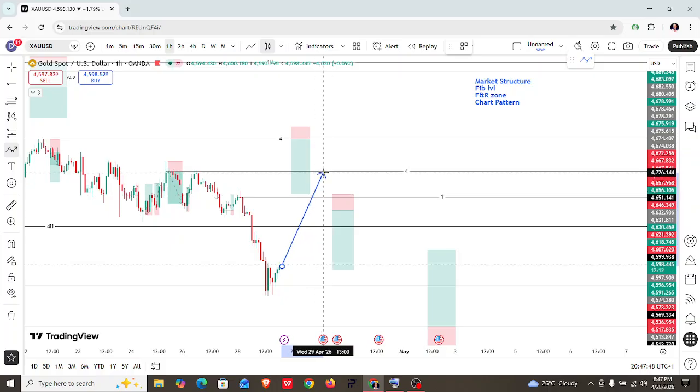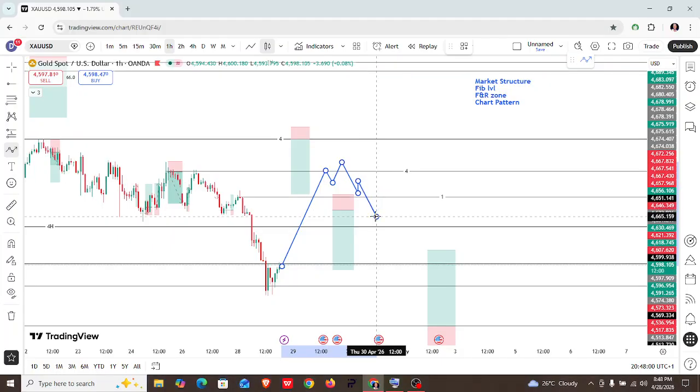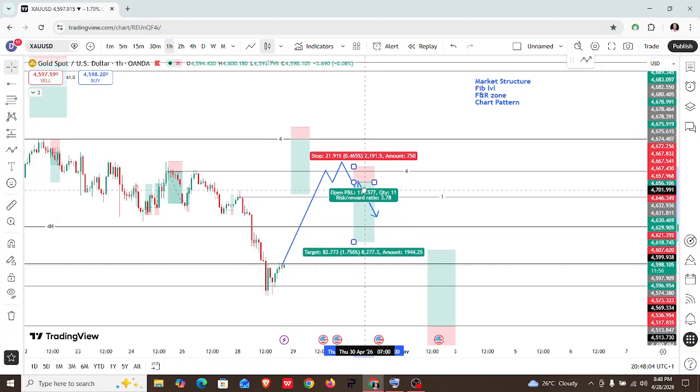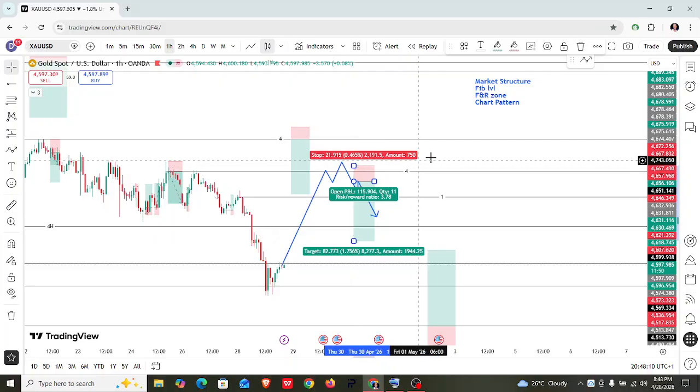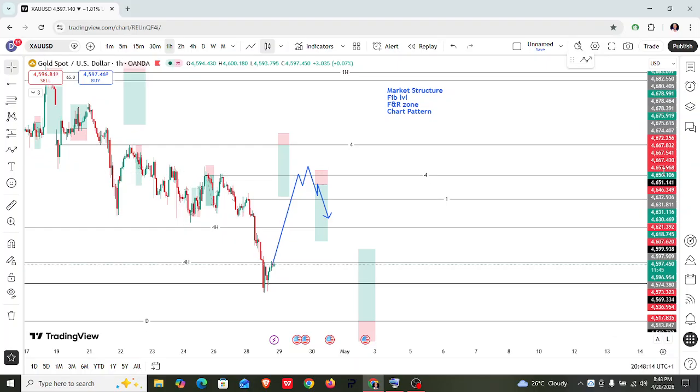So if it comes to this zone and does something like that and breaks it, this is what I'm expecting it to do. And this will be my entry, above the other zone. So that's actually what I will be expecting.